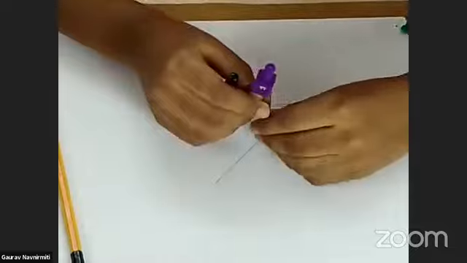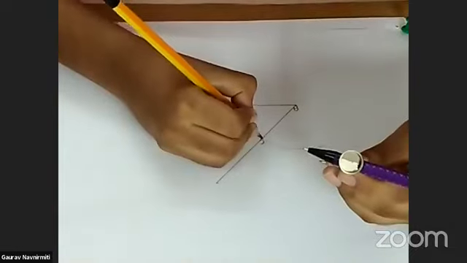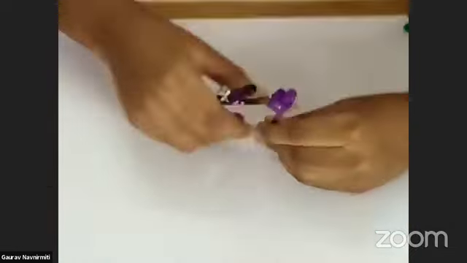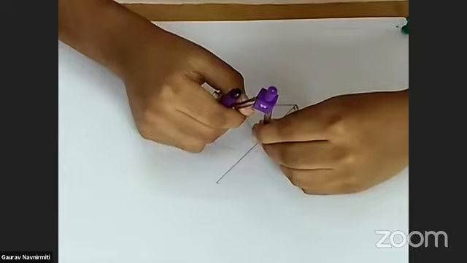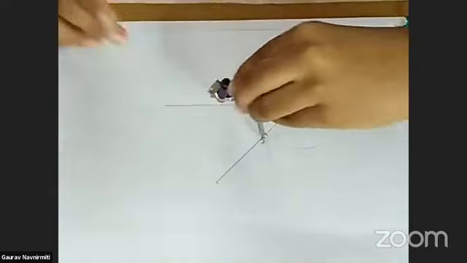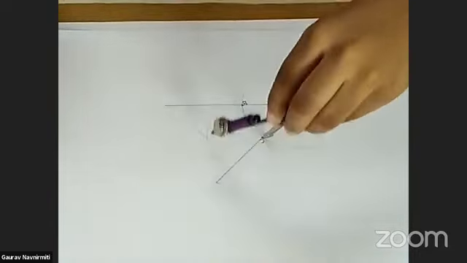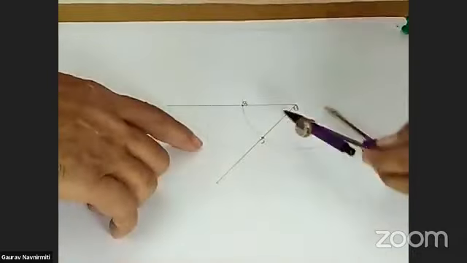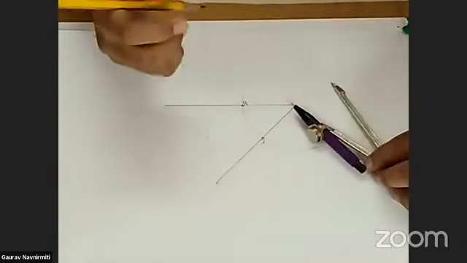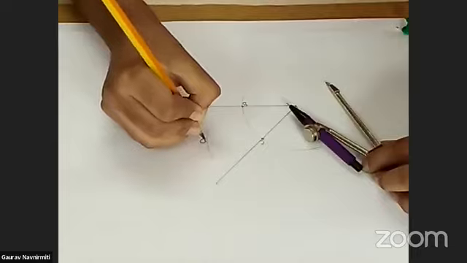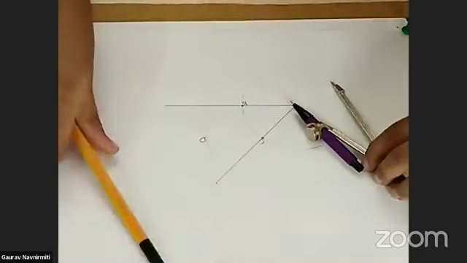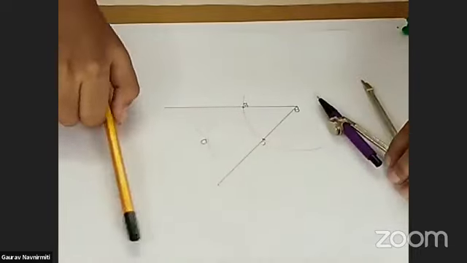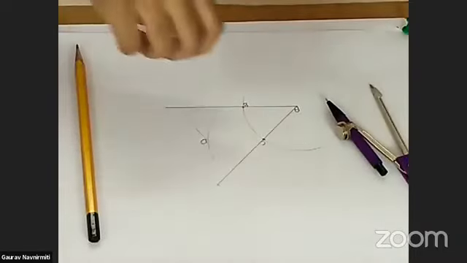And take C as the center and draw an arc. And call this point here D. Okay. Now join BD and CD with a scale.